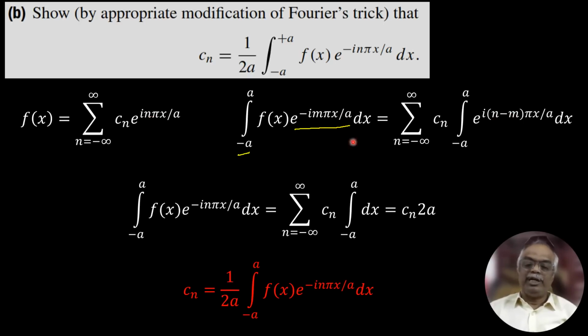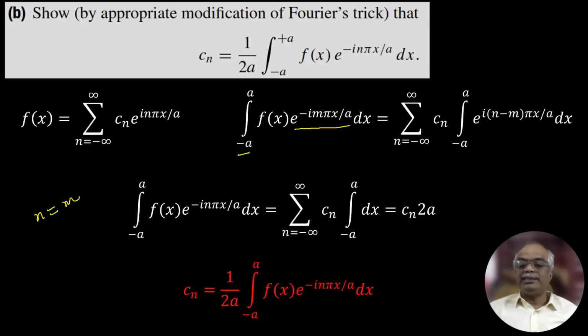So if you combine both e power plus i n and e power minus i m in the left hand side, you will get e power i n minus m pi x over a dx. If you take n equal to m, what will happen?